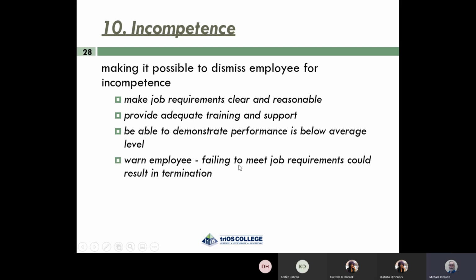We warn the employee, once again, if they know we have clear requirements, then we warn that individual that failing to meet job requirements could result in the elimination of that job. And this is something that the individual should basically understand, that there is a necessity, there is a reason why they were hired. It is the function we hired them to do, and therefore they have to live up to the expectations of that job.